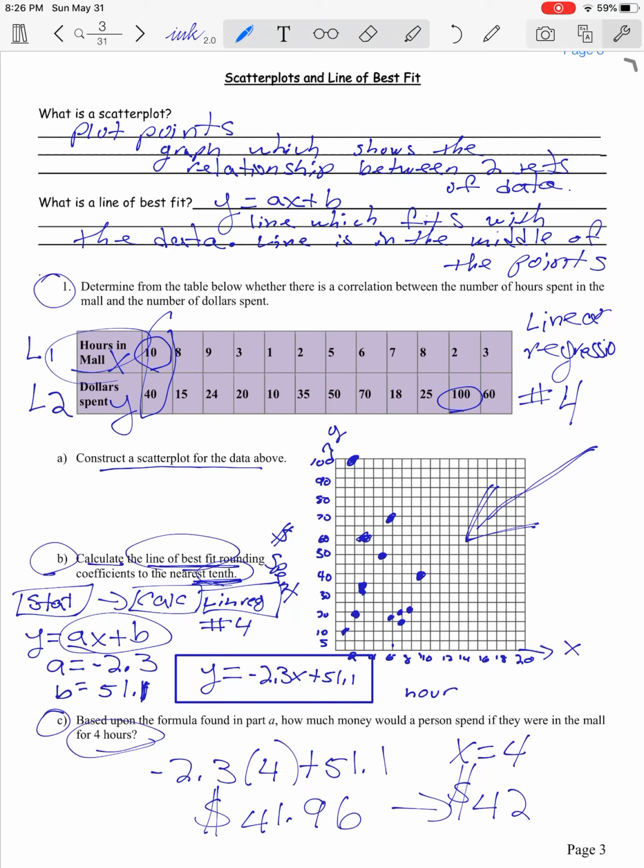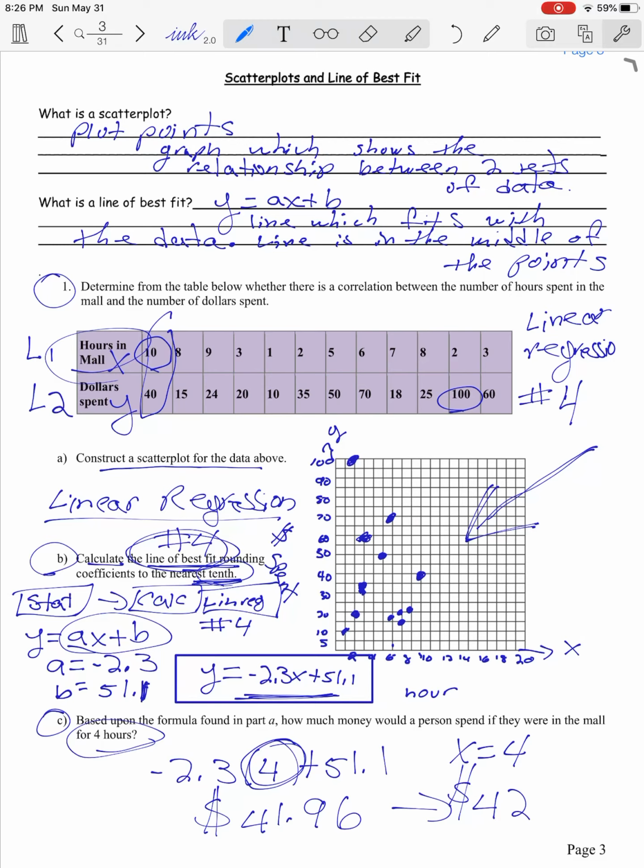Then line of best fit right here is a linear regression. Line of best fit. Another word for line of best fit. Linear regression. It's number 4. So here it is here. There's my line, right? And then I plugged in 4 right here for X. And that's what I got as my answer.